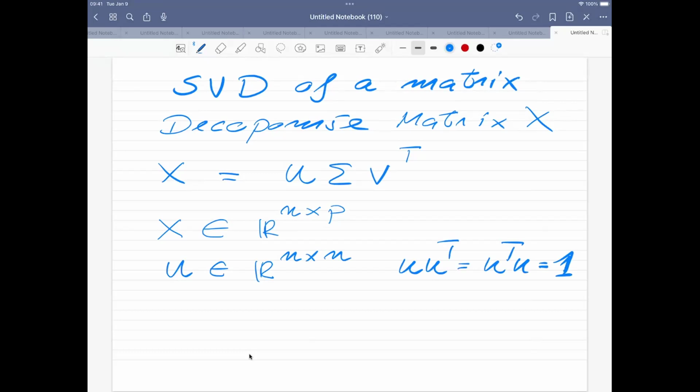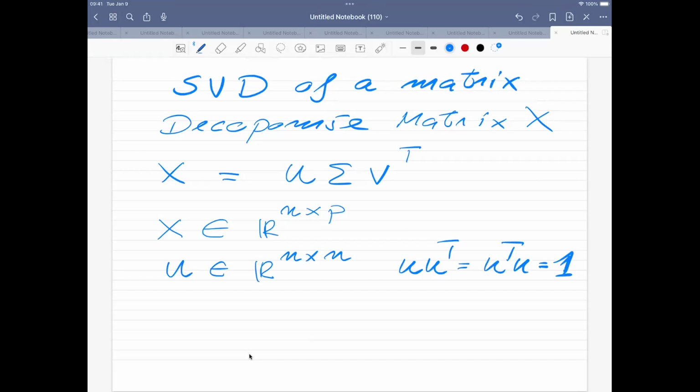Orthogonal, yes, sorry, orthogonal. Thanks. It's an orthogonal matrix. We are essentially dealing with real entries. If you have complex entries, this should be a unitary matrix. I'm so used to quantum mechanics where we only deal with unitary matrices.